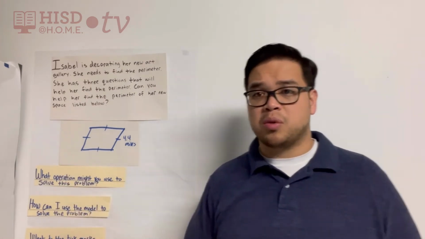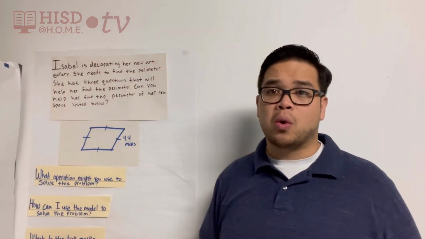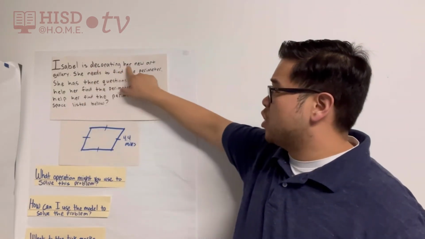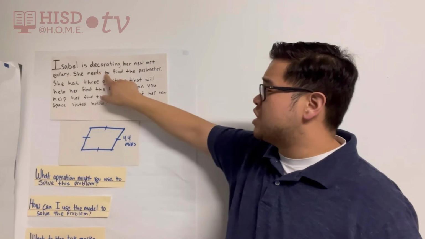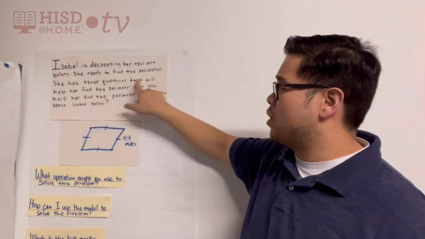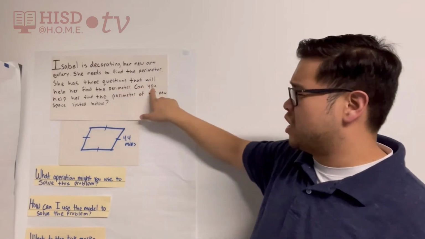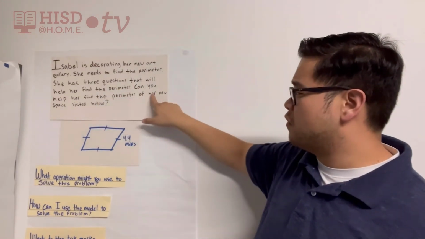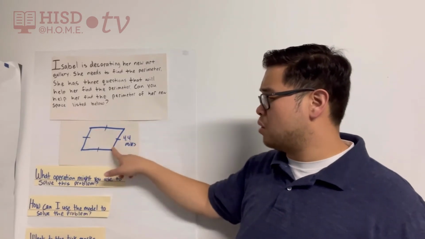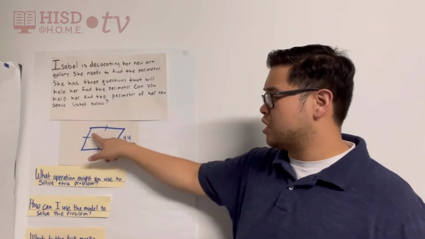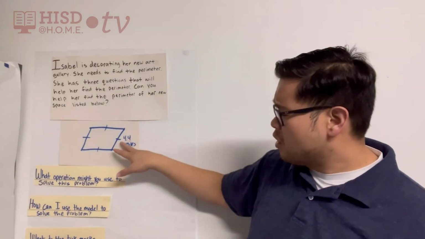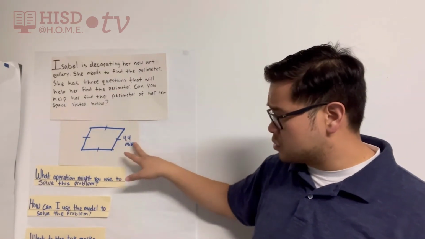And I'll go ahead and just read the problem one more time, just in case you want to hear me say it out loud. Isabel is decorating her new art gallery. She needs to find the perimeter. She has 3 questions that will help her find the perimeter. Can you help her find the perimeter of her new space listed below? And then she has her space below with 1 tick mark on each side, meaning they're all congruent, and it's 4 4/10 miles.